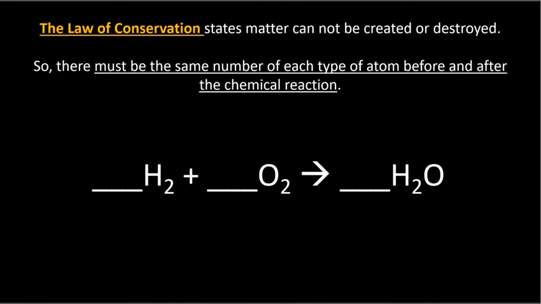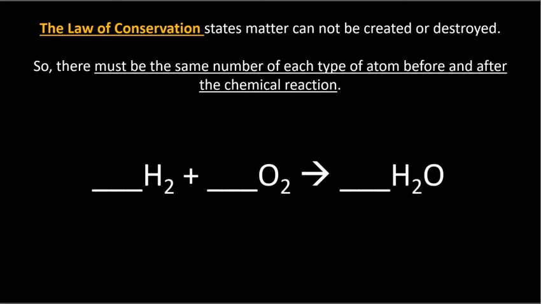Now, that means that when there's a chemical reaction, everything that is there before the reaction has to be there after the reaction, or has to be somewhere and taken into account for. So what that means when we're talking about chemical equations is that you have to have the same number of each type of atom before and after the chemical reaction.